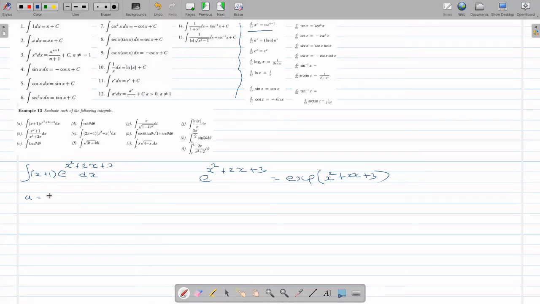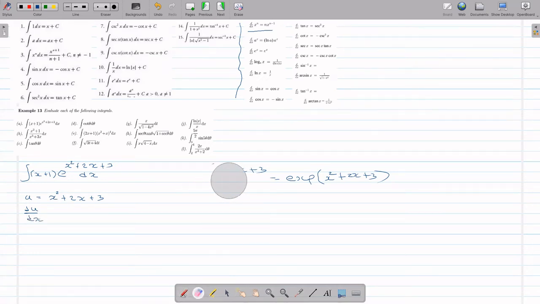So u is x squared plus 2x plus 3. Okay, so I differentiate here, du by dx.